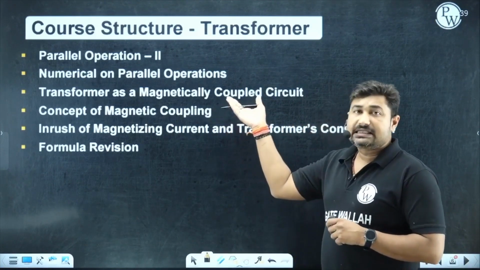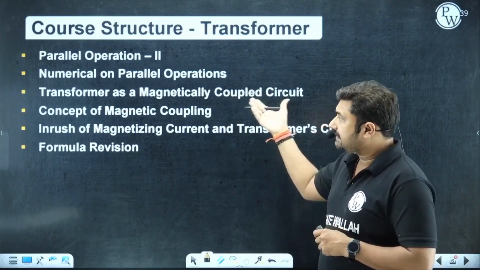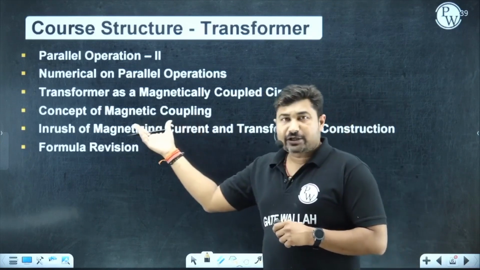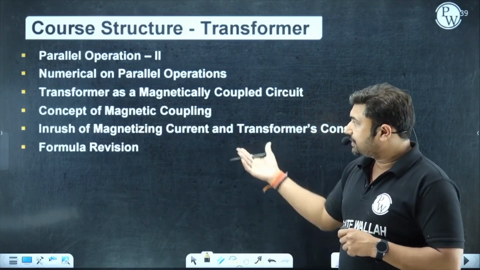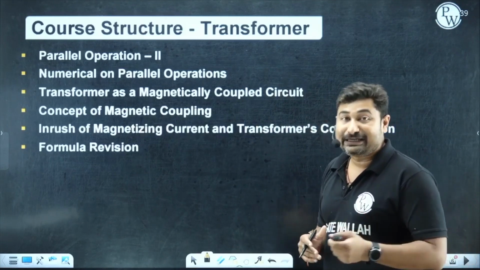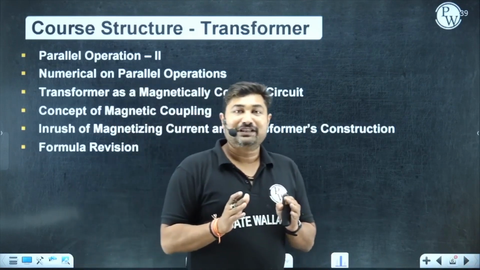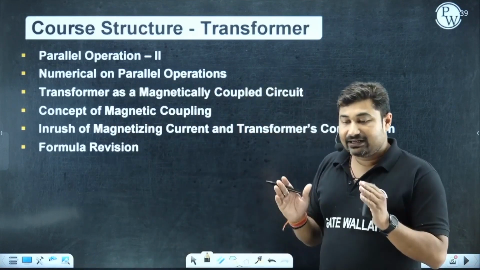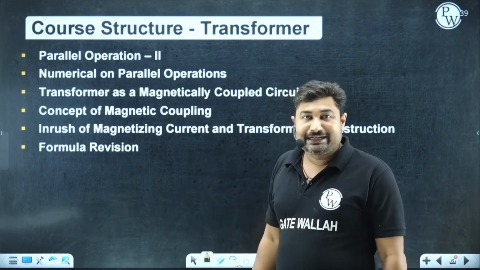In upcoming classes, I am also going to discuss the transformer as a magnetically coupled circuit, the effect of magnetic coupling and the magnetic coupling concept, and inrush of magnetizing current. Most students are confused about whether the induced EMF is 90-degree leading or 90-degree lagging.